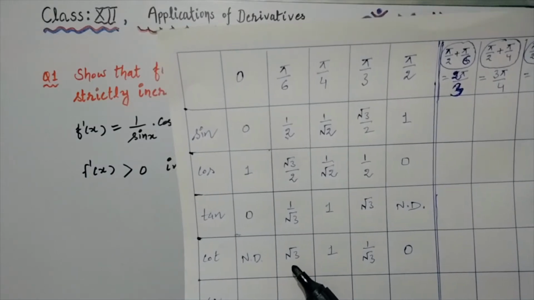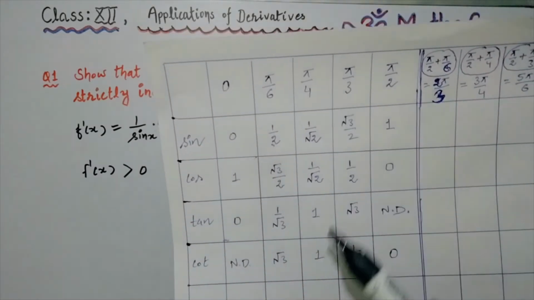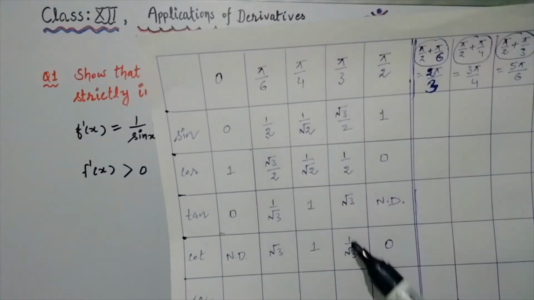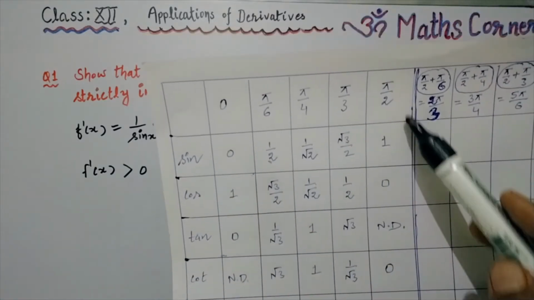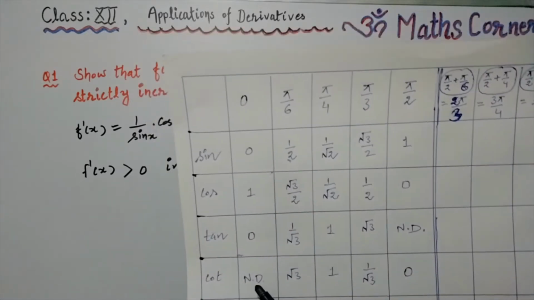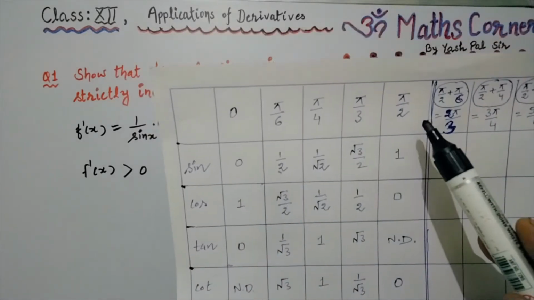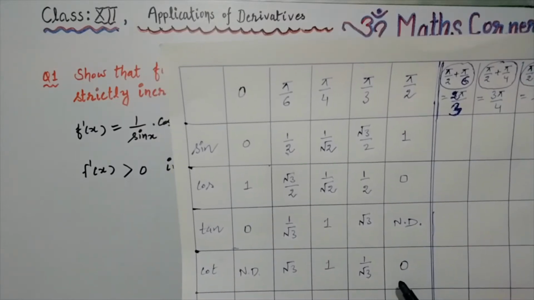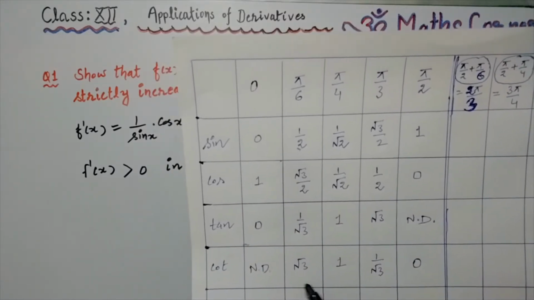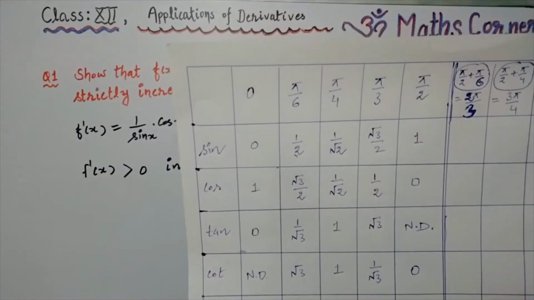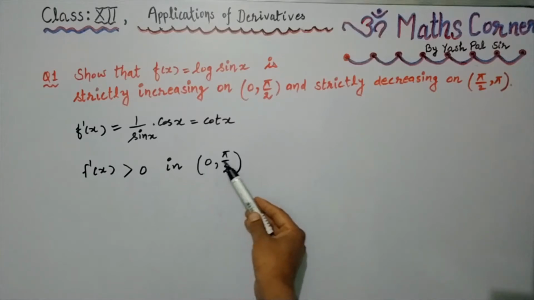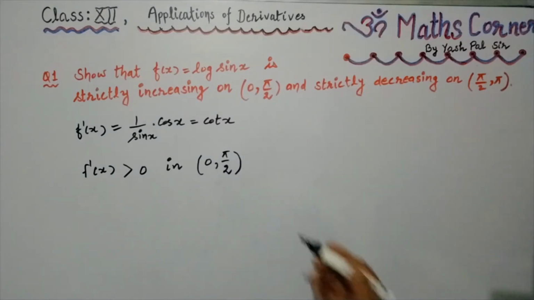Pi by 6 cotangent is square root 3, pi by 4 this is 1, pi by 3 cotangent is 1 upon square root 3, then cotangent 90 degree is 0. So excluding 0 and pi by 2, cotangent x is positive. So we say f dash x is greater than 0 in 0 to pi by 2.